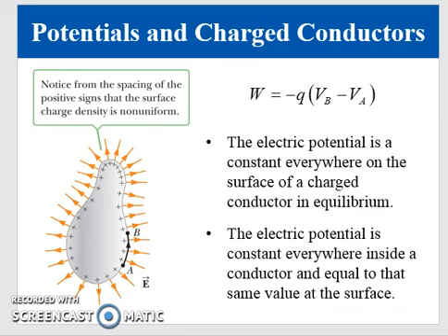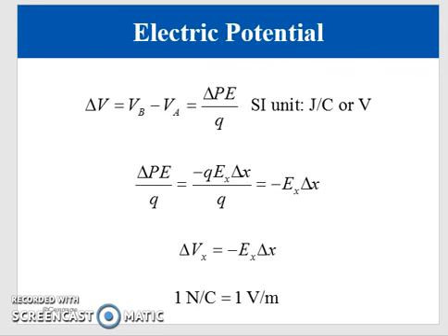If we come back up here and look at the change in potential, my change in potential is equal to negative the electric field times the displacement that a charge would feel in that field.